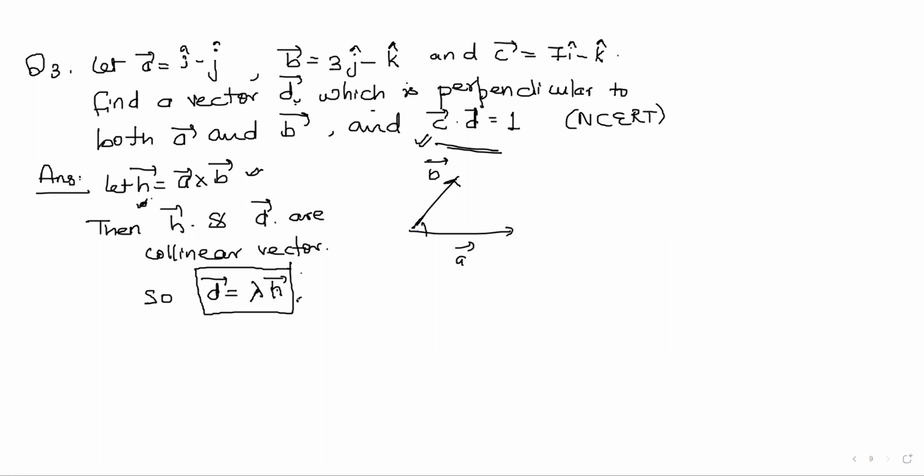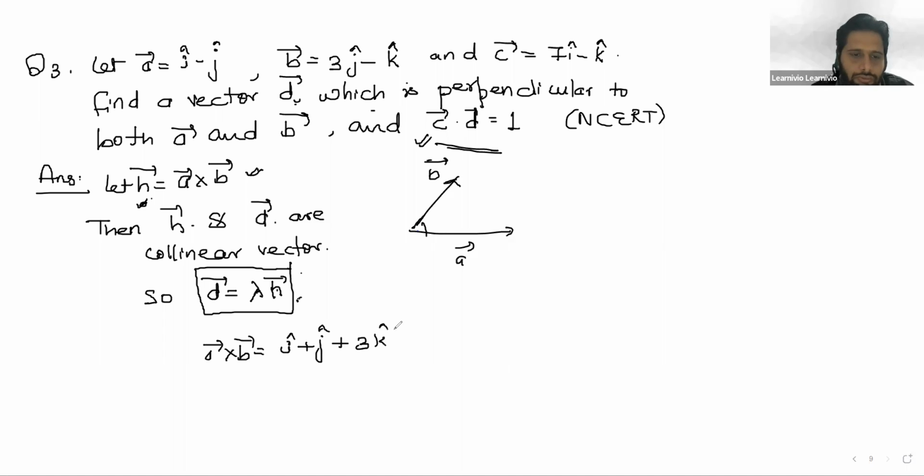What A cross B are you getting, Nabil? I'm getting I cap plus J cap plus 3K cap. Okay, I'm not sure Nabil if it is correct or not, but I trust you.